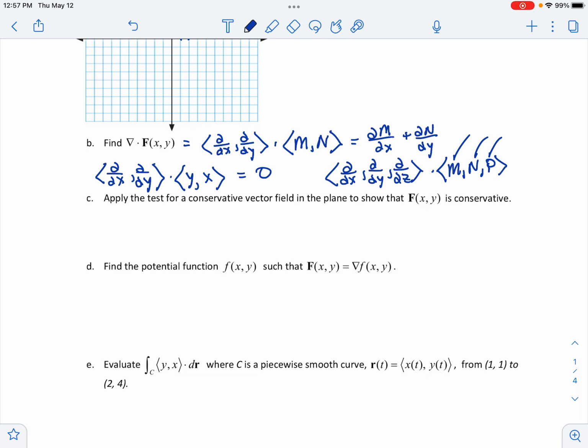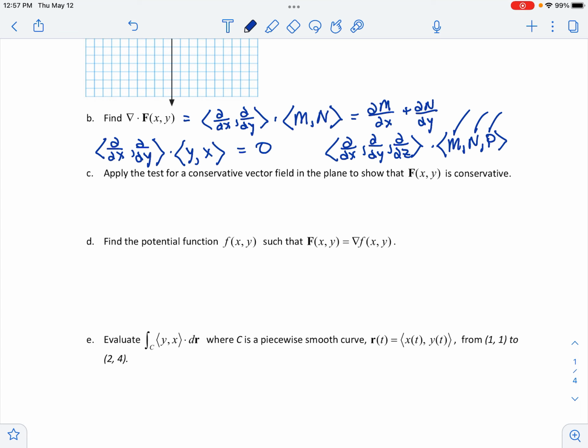Now, if we go over and we want to test for convergence, the way we test it is this. Let's suppose, and we'll do the two-dimensional case here, we've got m and n. Now, the way we test, not for convergence, I may have said convergence, the way we test to see if it's conservative is we set up this little thing to help us remember.